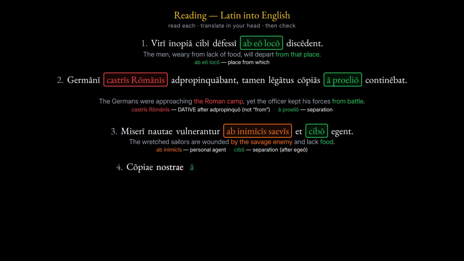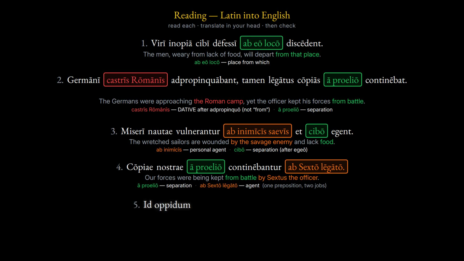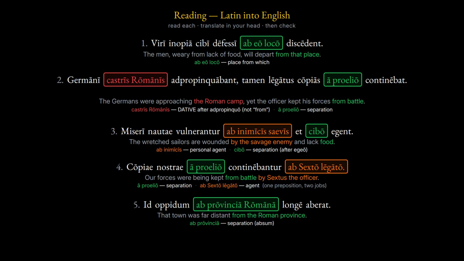Copiae nostrae a proelio continebantur a Sexto legato. Our forces were being kept from battle by Sextus the officer. One sentence, the same preposition twice, once for separation and once for the agent. Fifth. Id oppidum a provincia Romana longe aberat. That town was far distant from the Roman province.